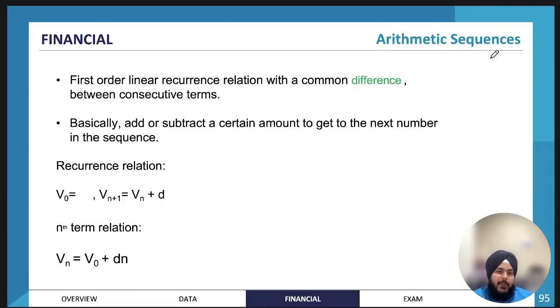So basically what's happening is we have an addition or subtraction of a certain number to get to the next number. And this is what the recurrence relationship will look like. So we have an initial condition, and remember, recurrence relationships allow you to find a particular value given the initial condition and a certain value in between.